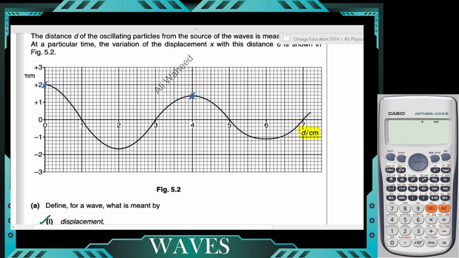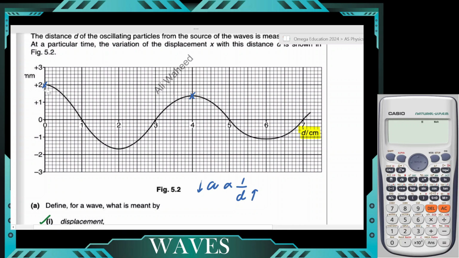And this is exactly consistent with the formula that we studied, that the amplitude of a wave is inversely proportional to distance. So as the distance from the source is increased, the amplitude of the wave would decrease, and that's why the graph looks something like this. This is exactly what we studied in the factors that affect the intensity.